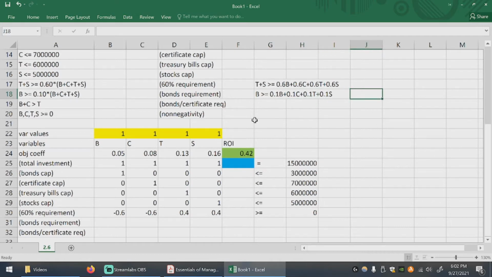Let's see if we can do it in a way that Excel does not freak out at me. Maybe some spaces first. B first, because B is first. B minus 0.1 is 0.9B. Then I'm taking the 0.1C over, negative 0.1C, negative 0.1T, negative 0.1S, because there are nothing else like them.